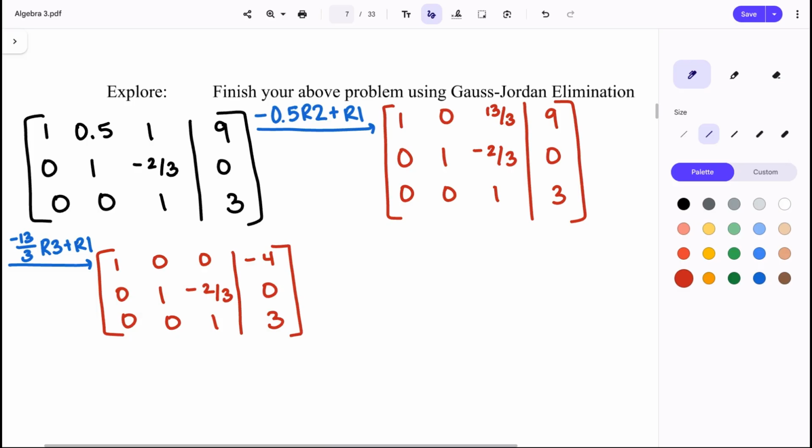Plus 1. 13/3. Okay, I agree with that. 0 plus 0 plus 9. Okay, let's keep going with this. I'm going to have to come back and look at that top one because it should be a 5, so I need to figure out what happened there. But let's continue on with this second.